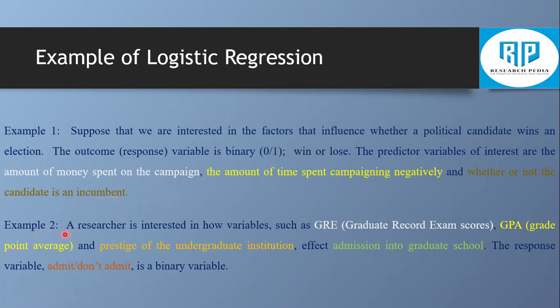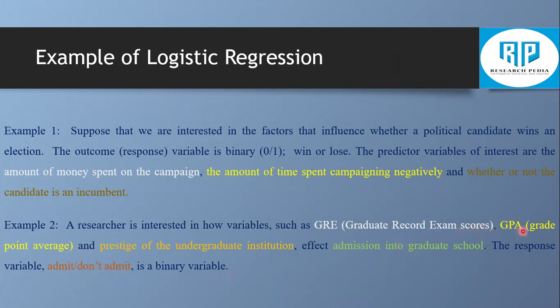So, example two would be a researcher interested in how variables such as GRE score, GPA, and prestige of the undergraduate institution affect admission into graduate school. The response variable would be either the student would be able to get admission or would not be able to get admission.